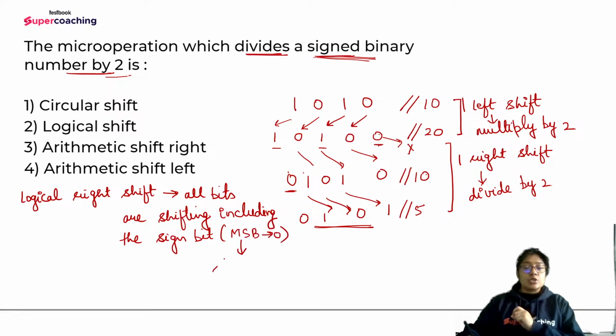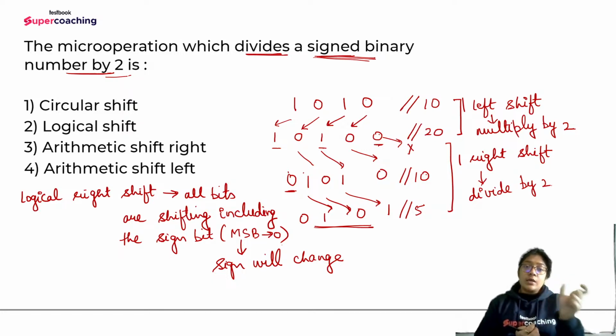Sign will be changed. क्योंकि लॉजिकल राइट शिफ्ट में सारी बिट्स मूव होती है और राइट शिफ्ट कर रहे हो तो साइन बिट भी चेंज होगी. अगर मान लीजिए आपके पास नेगेटिव नंबर है, साइन बिट वाज 1, and new bit added is the 0, that means number positive हो गया. -20 को जब आप डिवाइड बाय 2 करोगे, आंसर शुड बी -10. साइन चेंज नहीं होना चाहिए, बट लॉजिकल राइट शिफ्ट क्या करेगा, इट विल चेंज द साइन एज वेल.